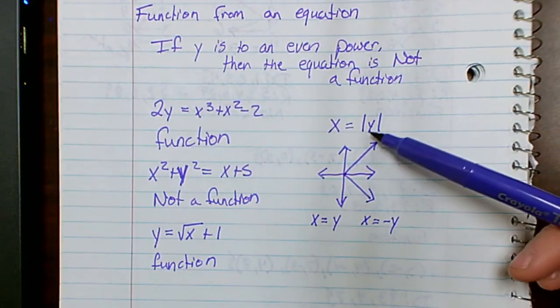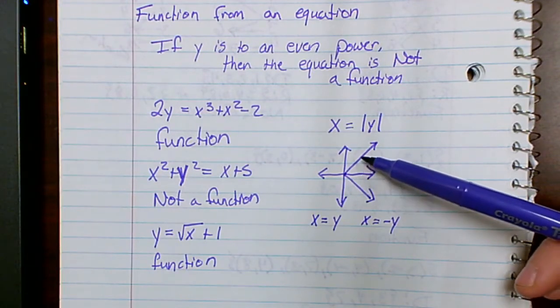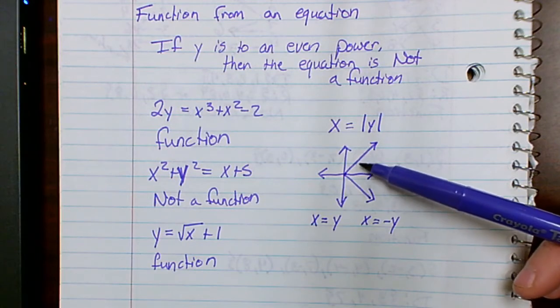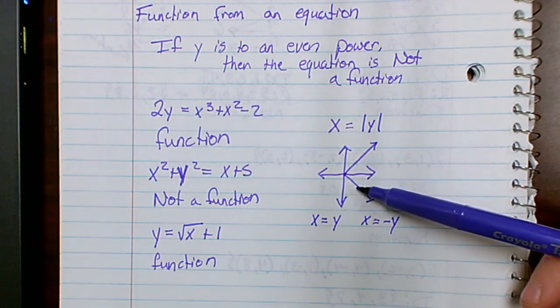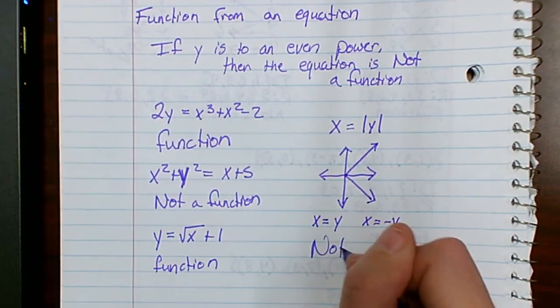So if we have x equals 3, well, the absolute value of 3 is 3 and the absolute value of negative 3 is 3. So we'll have two values for y. So this one is actually not a function.